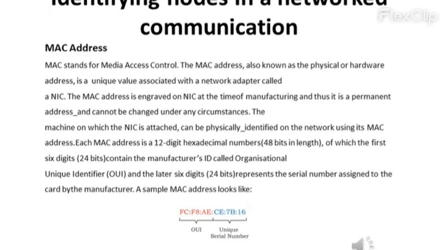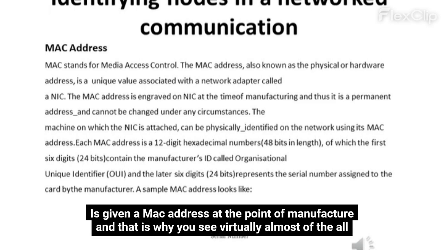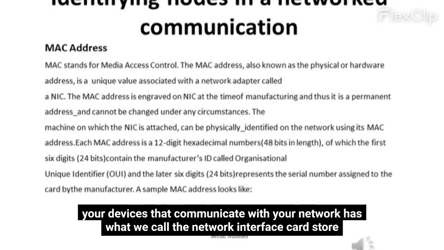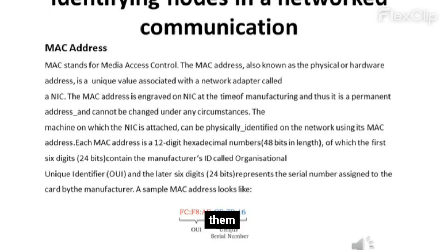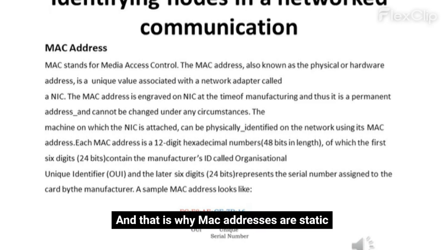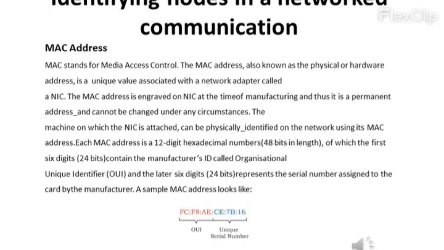A network interface card is given a MAC address at the point of manufacture, and that is why virtually all your devices that communicate with a network have what we call the network interface card. For that network interface card, a specific MAC address is given when manufacturing them, and that is why MAC addresses are static, meaning they can never change.